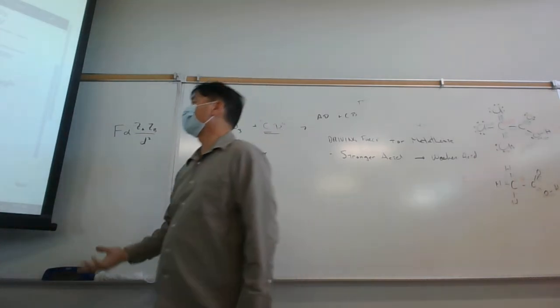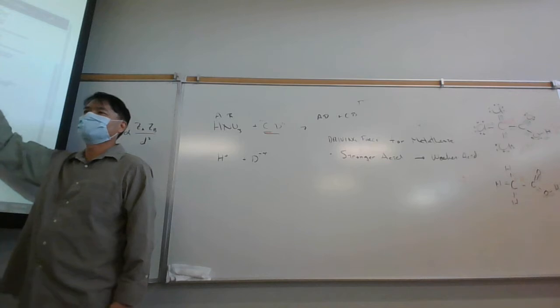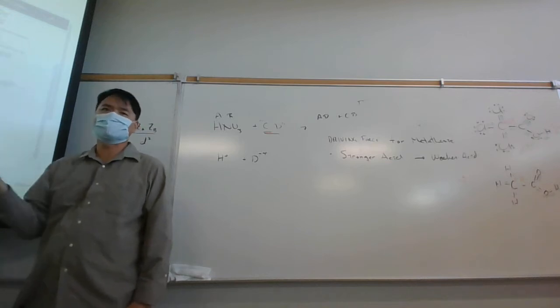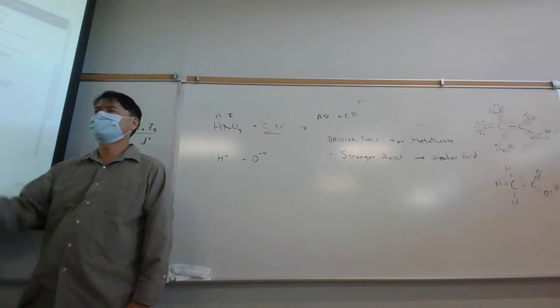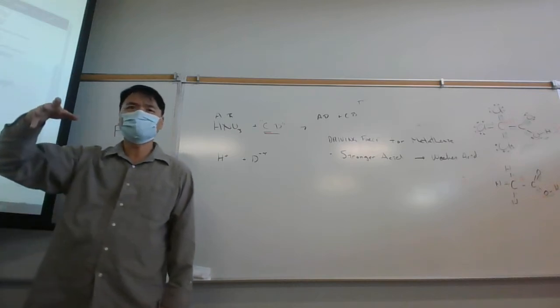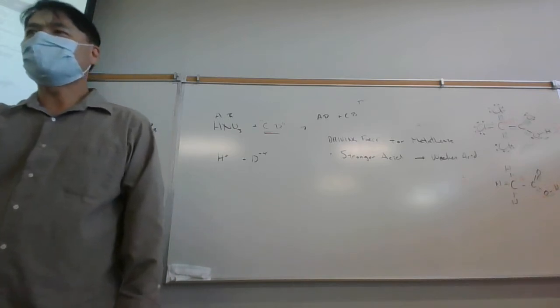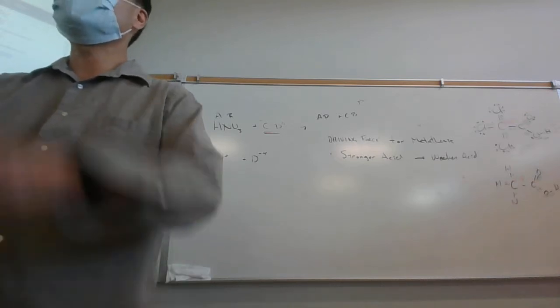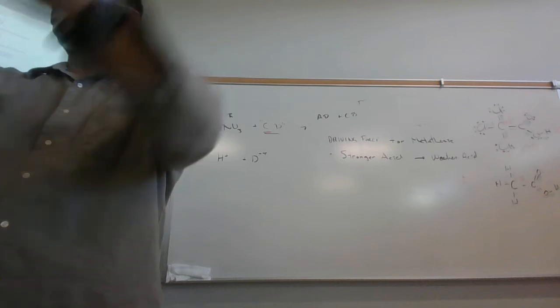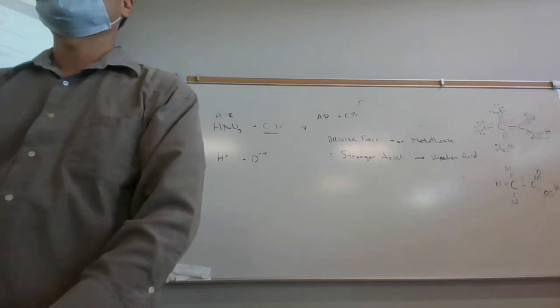And so usually +1 and -1, those are all soluble. Remember group 1 salts are all soluble? Right? Well, group 1 are all +1. Ammonium salts are all soluble. Ammonium is a big +1, NH4+.